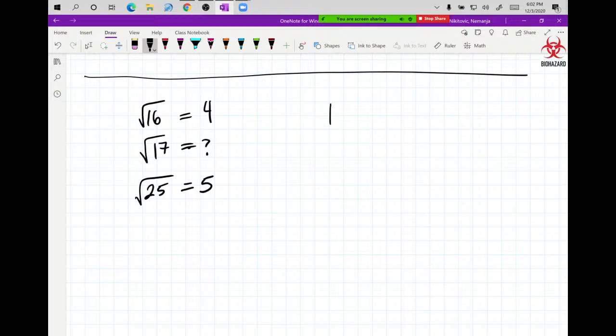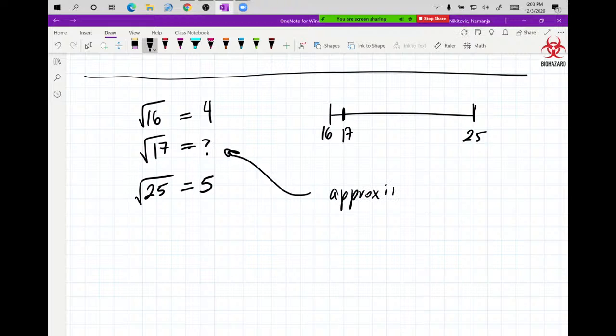So if you look at the number line, which starts with 16 and ends with 25, we don't need all of the numbers, you see that 17 is very close to 16. So you can approximate this as, let's say, 4.1. That's your approximation. So you can approximate that the square root of 17 is about 4.1.